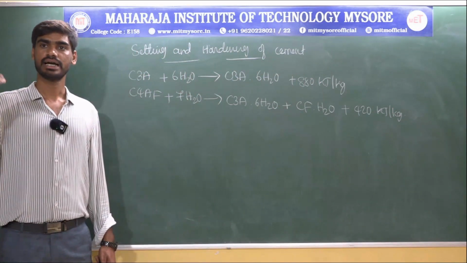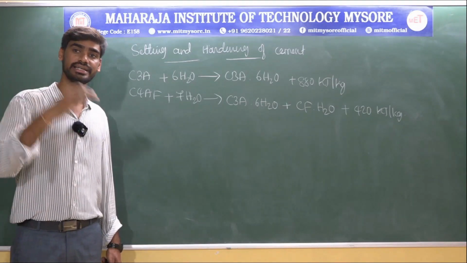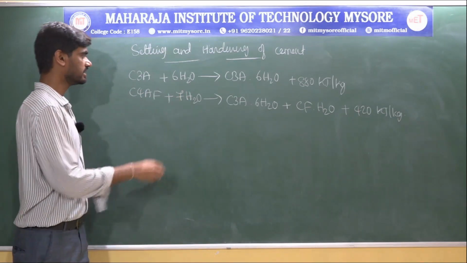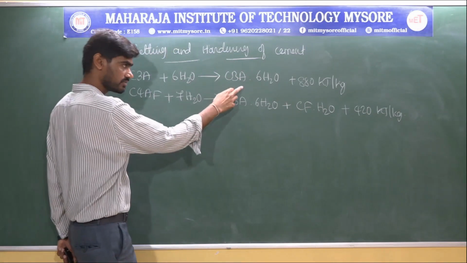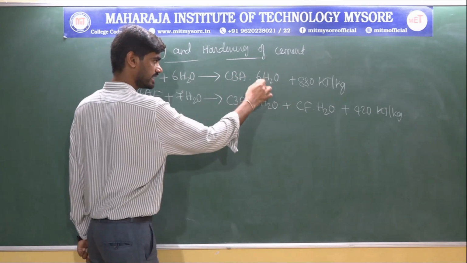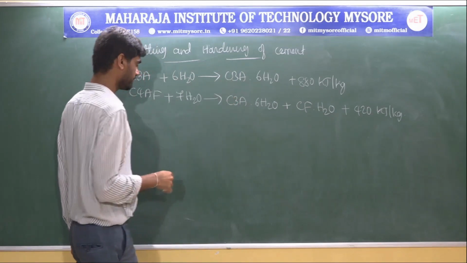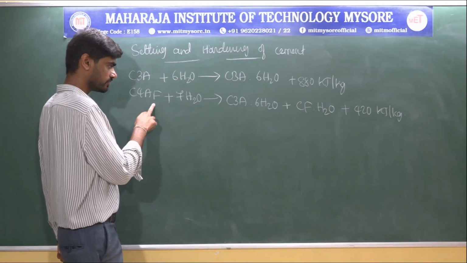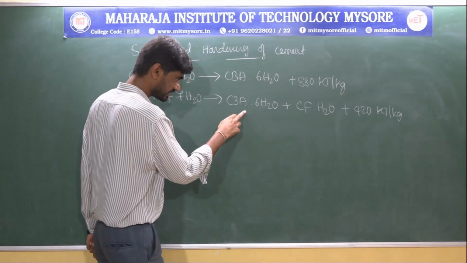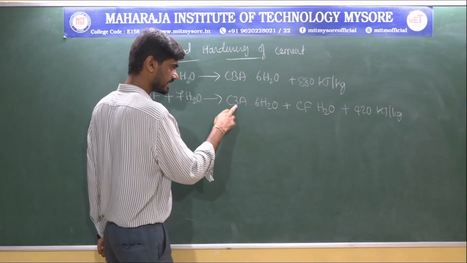So the initial setting of cement is mainly due to the hydration of C3A and C4AF. On hydrolysis, C3A gets converted into C3A·6H2O, hydrated tricalcium aluminate, whereas C4AF on hydrolysis gets converted into hydrated tricalcium aluminate.